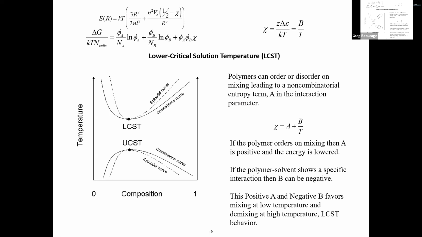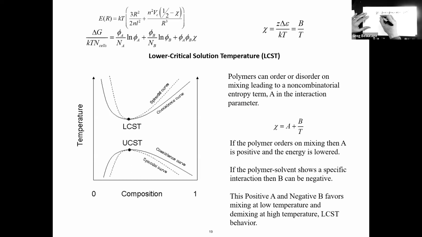If you plot that Flory-Huggins equation, they do delta G over kT equals phi over N1 times log phi, plus phi over N2 times log phi, plus phi1 phi2 chi. And then there's that PV term too. We're going to ignore that.